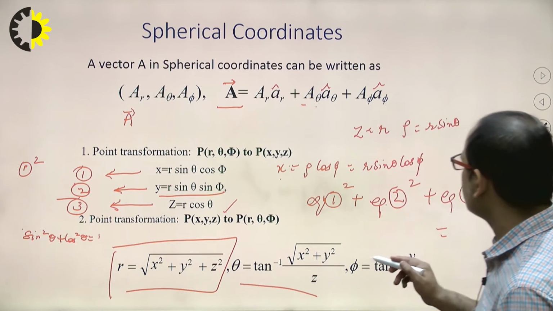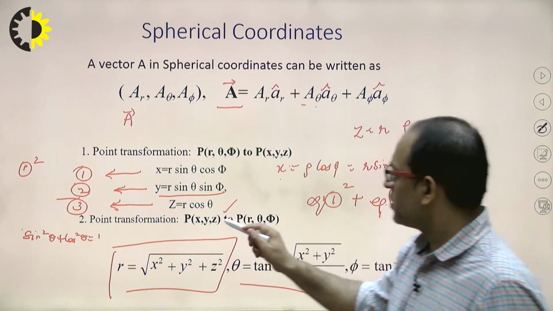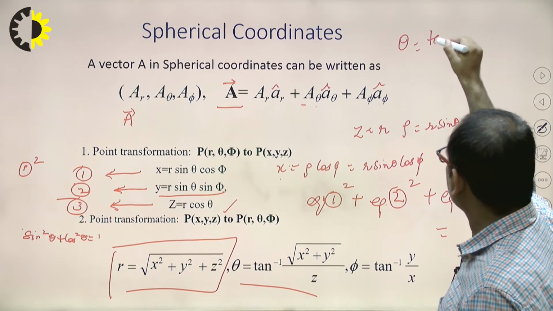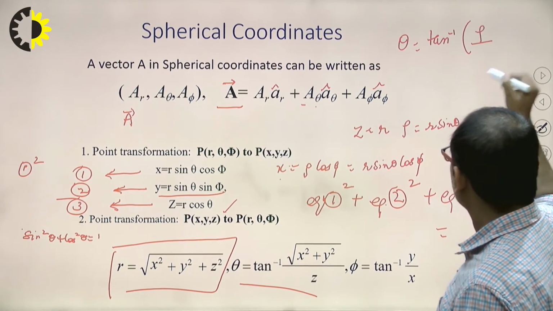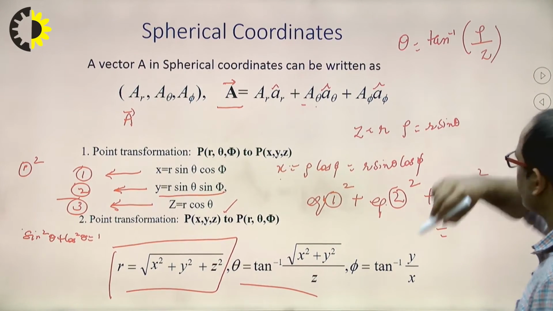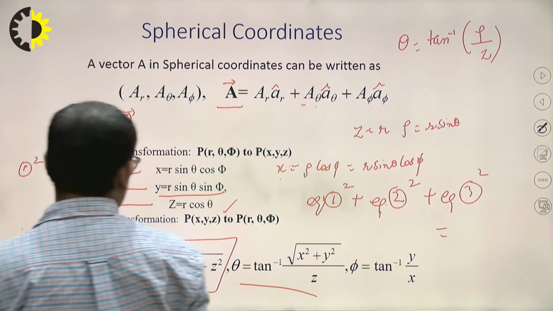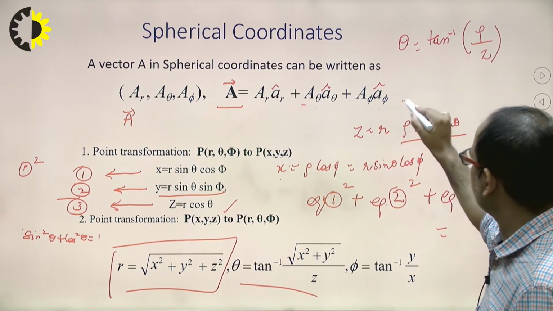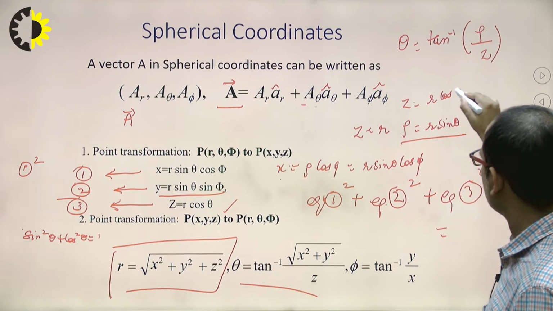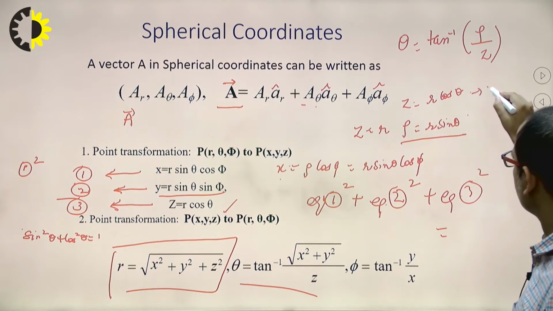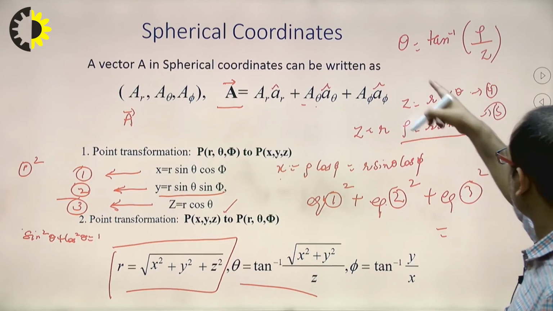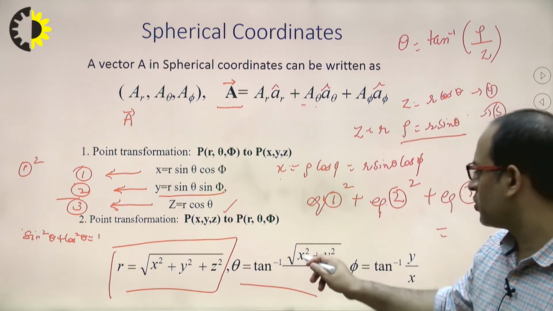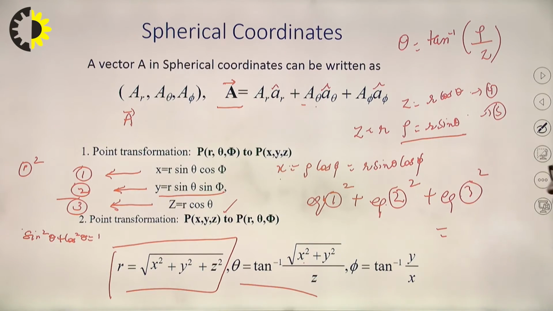And on dividing these two equations, rho equal to r sin theta and z equal to r cos theta, that is equations 4 and 5, you will get theta equal to tan inverse of rho divided by z, and rho is equal to root of x square plus y square.